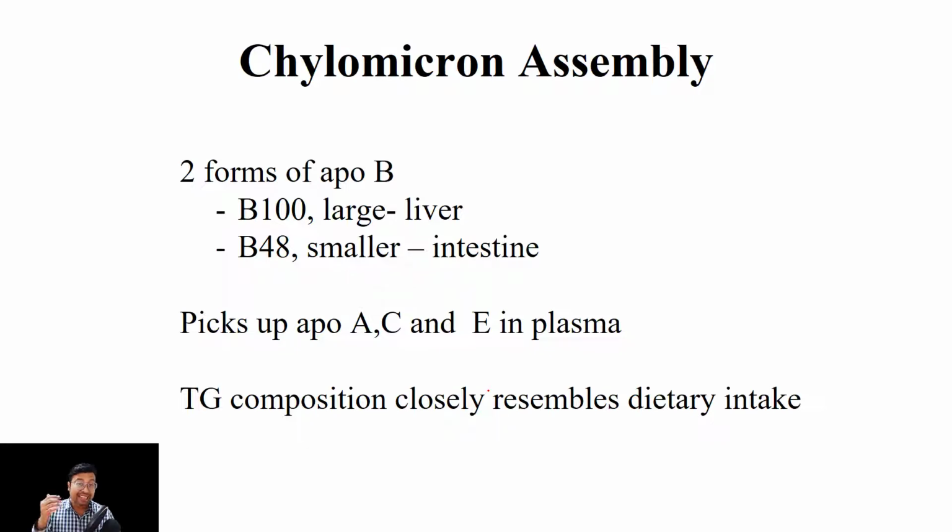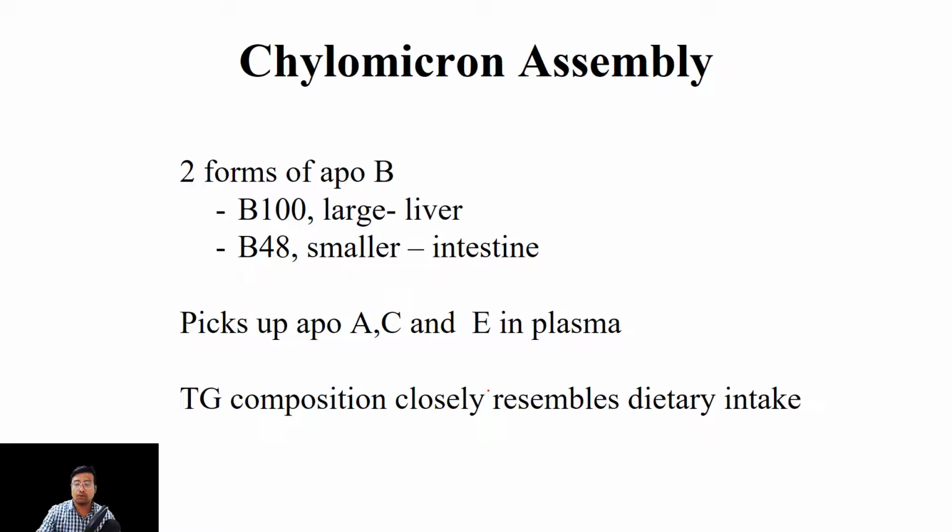And the triglyceride composition of chylomicron very closely resembles what we eat in our food. So if we take a huge fatty meal, a lot of chylomicrons will be found in the plasma.